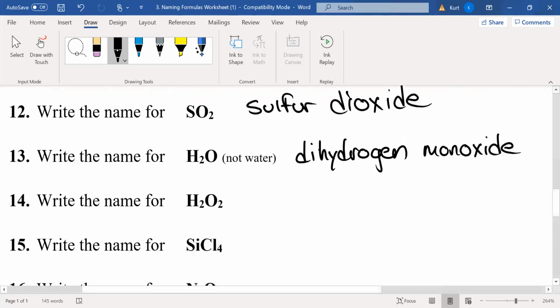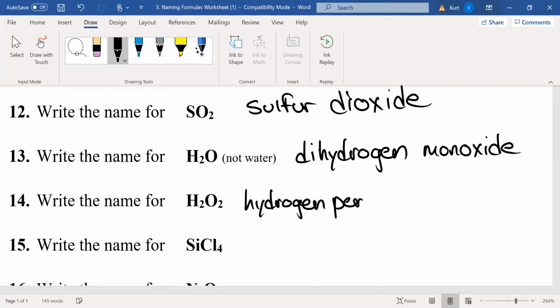Now, let me give you guys a little story. A couple years ago, I gave this worksheet, and I was looking at the answers, and I had a kid write this. I'm like, why did you write that? So did you Google that? Yeah. Because that's not what you're supposed to do. Do you see any prefixes representing numbers on that?